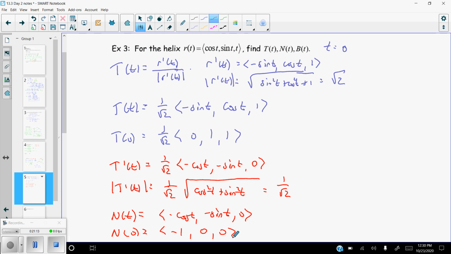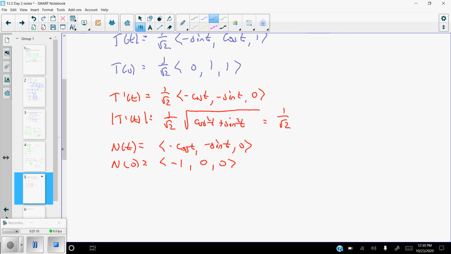Okay, last thing we need to find is the binormal. The binormal, once again, is defined to be the cross product of the unit tangent vector and the unit normal vector. So we are going to get i, j, k. I guess I will have to distribute the square root of 2's on this one just to make it easier. Could actually pull it out to the front, but probably easier this way.